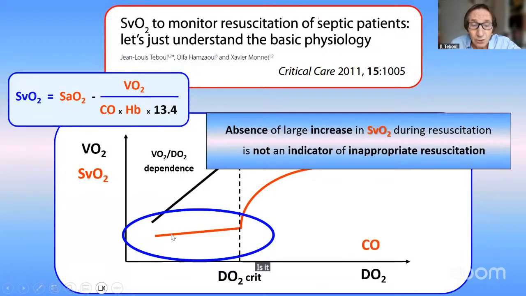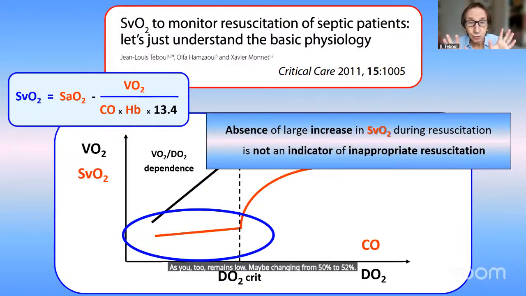It is totally normal. So if you have only SVO2 of 50%, you give, for example, 2 liters of fluids because you think that this shock is due to profound hypovolemia, and nothing happens. SVO2 remains low, maybe changing from 50% to 52%.